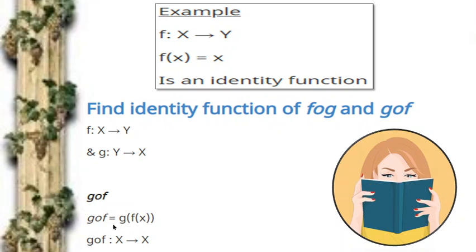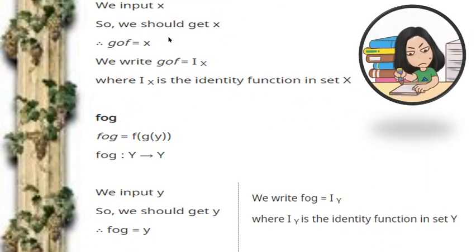We know that for this gof function, the domain we take is the domain of function f, which is x, and the codomain will be the range or codomain of function g. So x to x. If we input x, we should get x as output. So gof is equal to x. So we write gof is equal to I_x. This is called the identity function in set x.